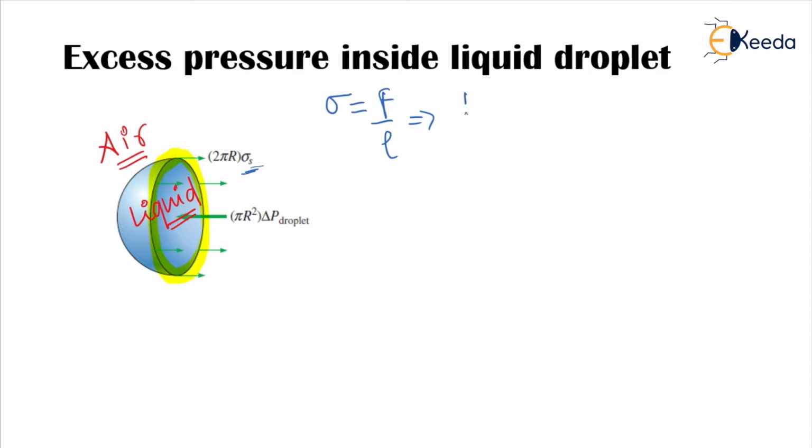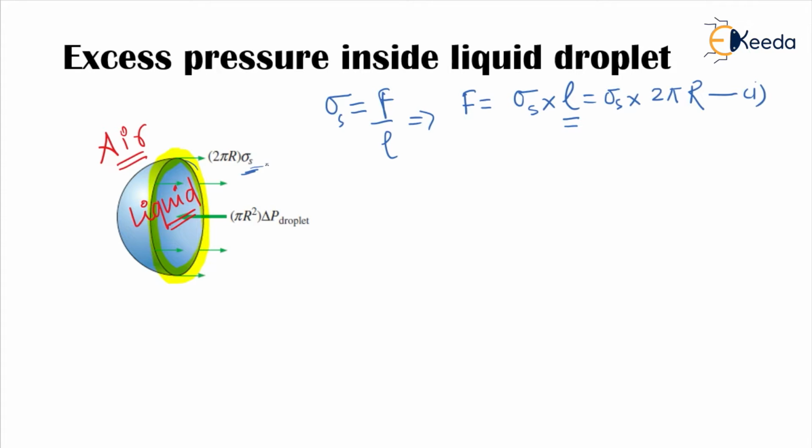That also means that if you want to calculate force, we can write it as sigma into L. What is this L value here? This L value is the circumference of the circle. So that is sigma s multiplied by 2 pi r. This value can be given for force. Let us take it as our first equation.